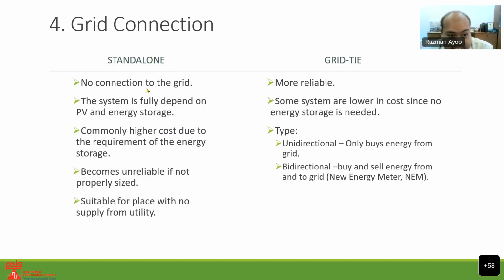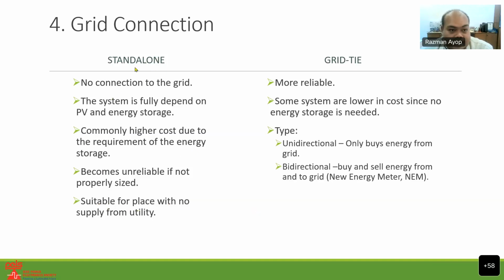It also becomes unreliable if not properly sized. If you don't have enough PV or battery, it will become unreliable. It is suitable for places with no utility, where the grid is far away and installing the grid to that location would not be cost effective.